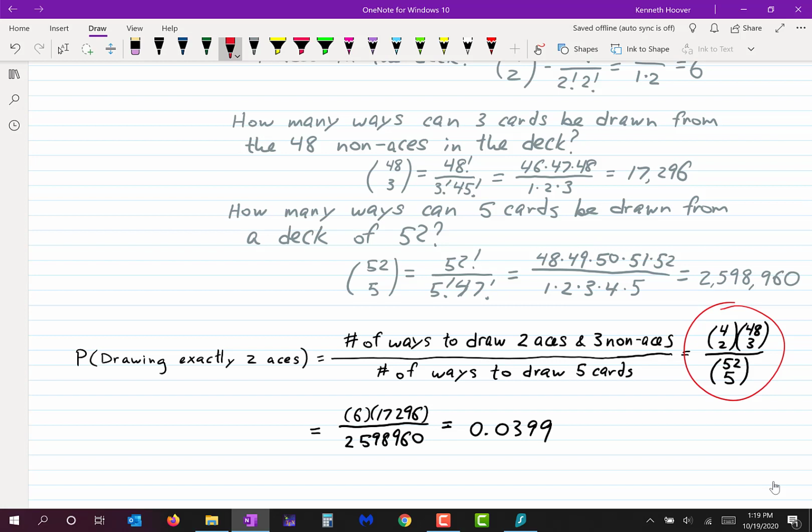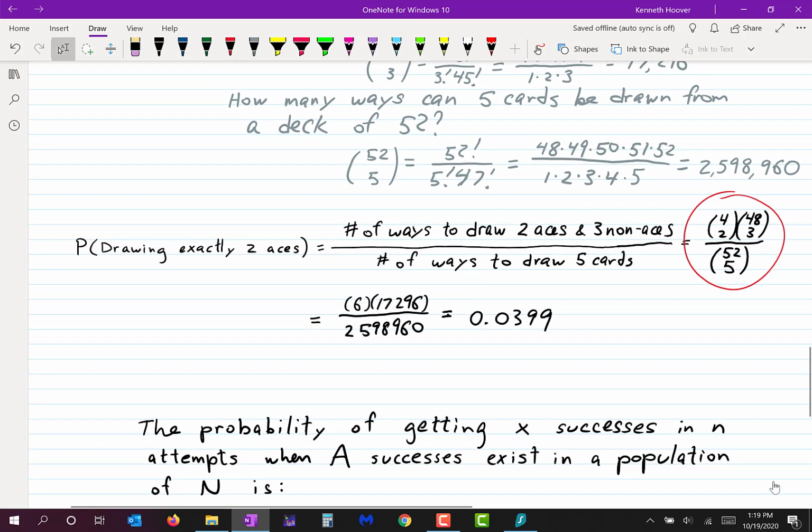Okay? All right, so I can summarize all of this with a formula. Look at that sentence. The probability of getting X successes, in our case, a success was drawing an ace, so X was 2. Let's keep track of where we are in this sentence. Then it says, in n attempts, well, how many cards were we drawing in that example? We were drawing 5, so little n is 5.